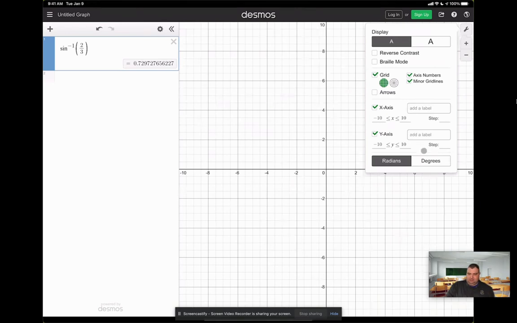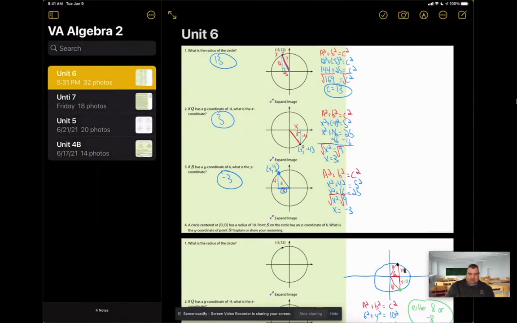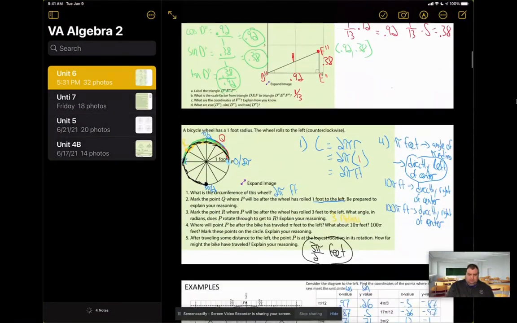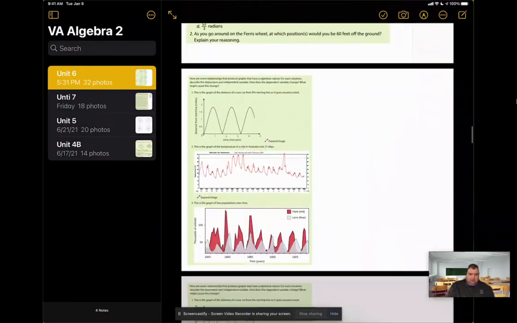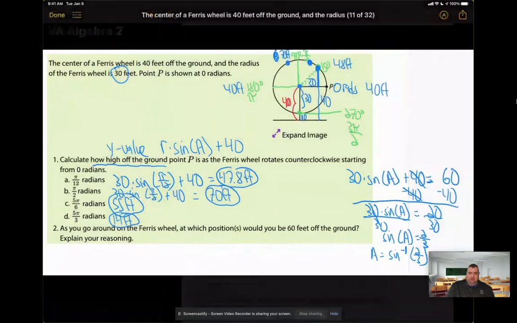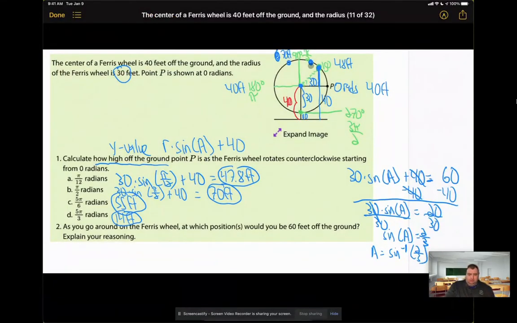And if I want to see what that is in degrees, it's approximately 42 degrees. And in radians, that would be 0.7297, so 0.73 radians. So that's going to be this first point right here.